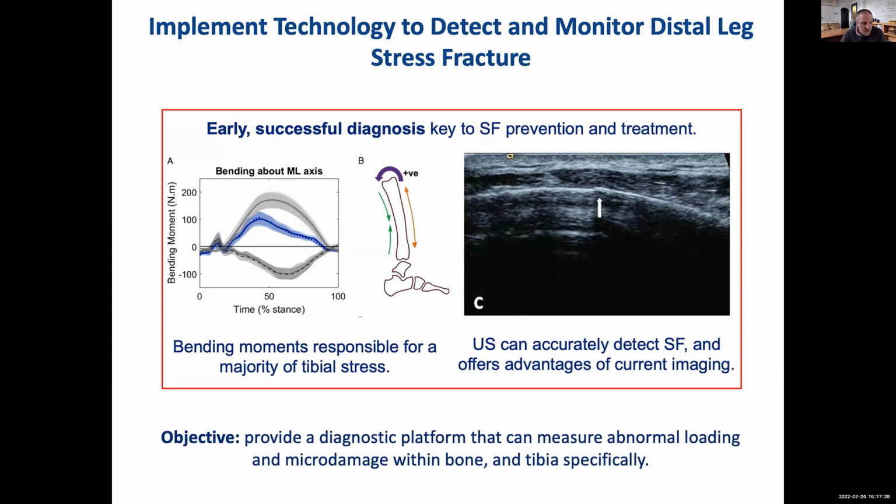Essentially, ultrasound has advantages over X-ray because it can detect stress fracture way before an X-ray, and it has advantages over like MR or CT because there's no radiation. It can be portable. So we're trying to develop basically a jig and associated algorithms so we can standardize the collection of the image on the bone and automate the quantification of the stress reaction underneath.